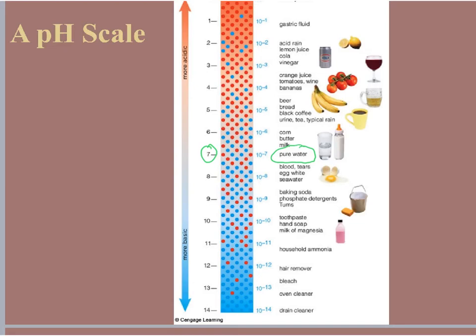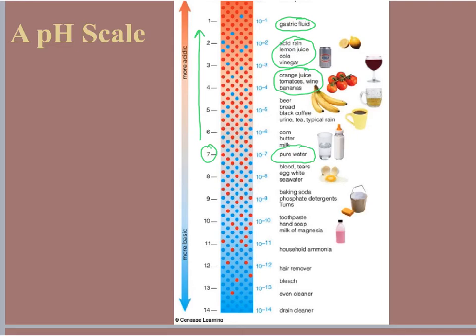If we move down the scale to more acidic substances, your gastric juice, the juice that's inside your stomach, has a pH of like 1.5. Let's see, orange juice is actually quite acidic, has a pH somewhere around 4. Lemon juice, your sodas that you drink have a pretty low pH.